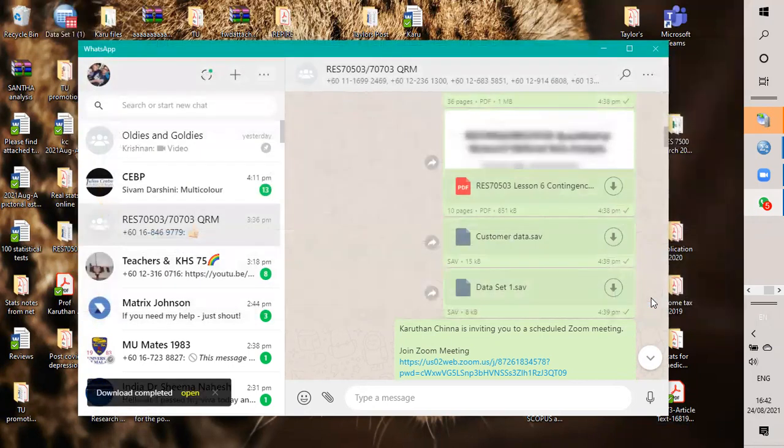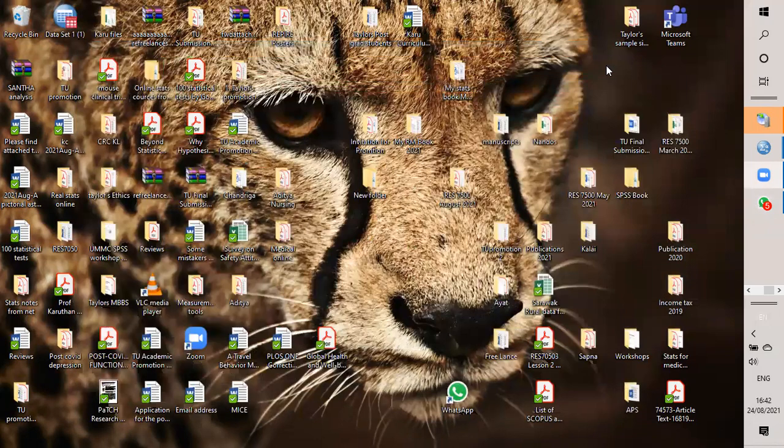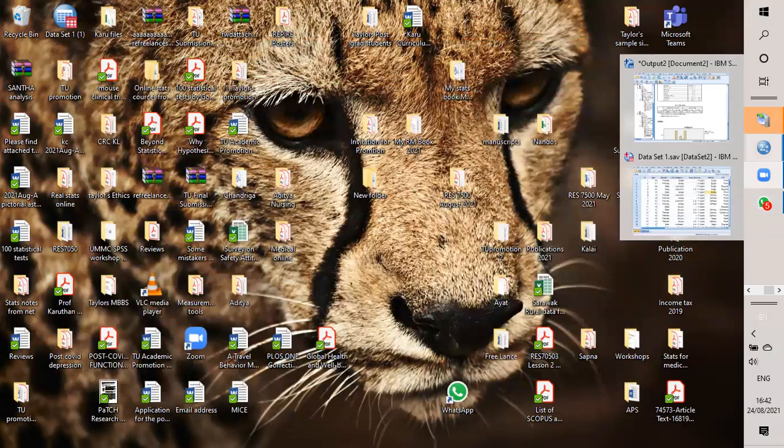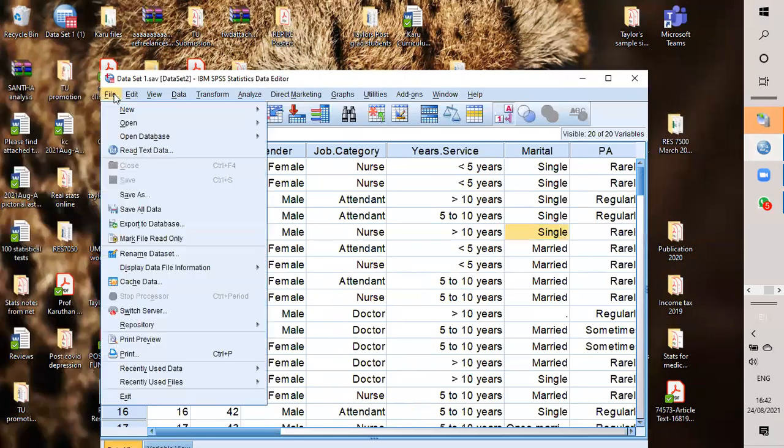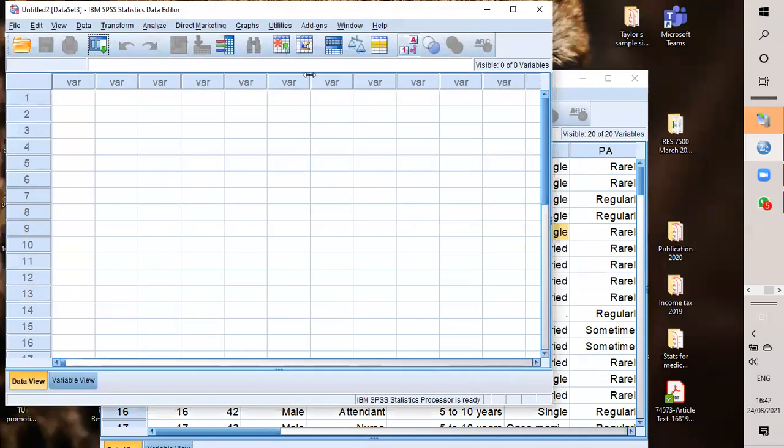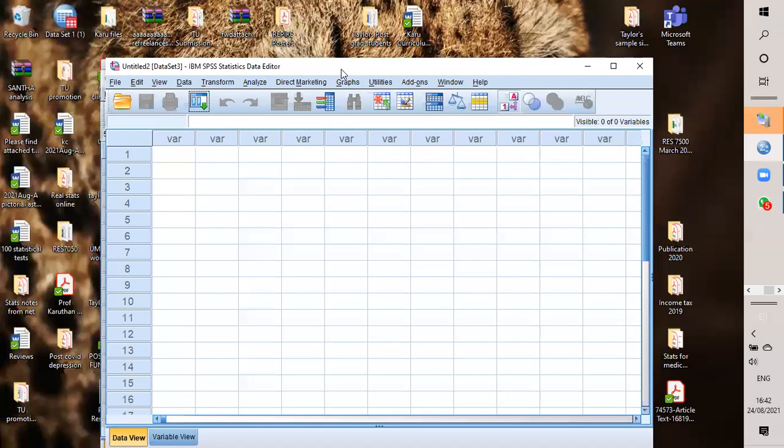Okay, I close this. Your SPSS, open SPSS. Yours will be like this, right? Is yours blank like this? Yes.